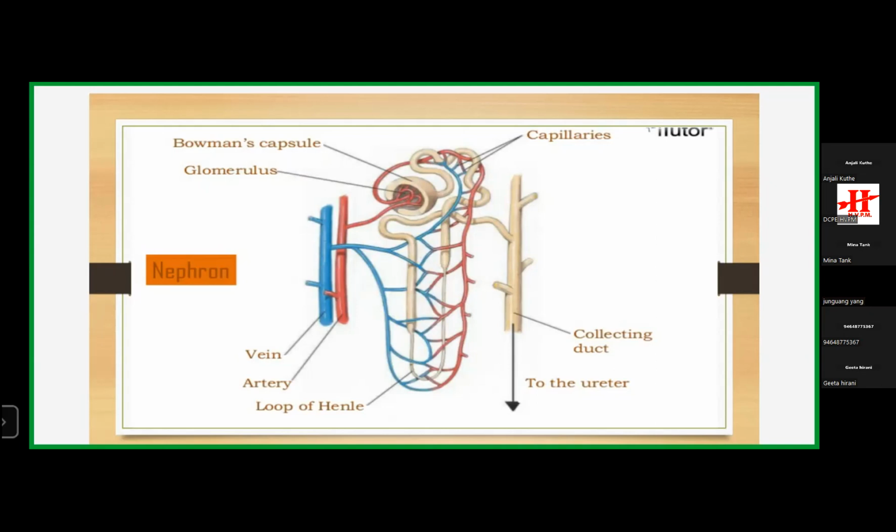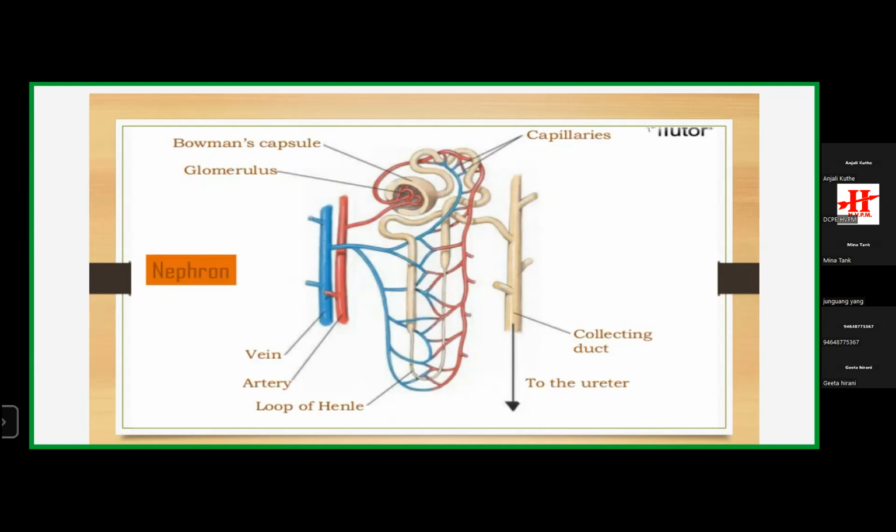So these are the parts of the nephron: Bowman's capsule, glomerulus, various tubules like the first convoluted tubule, or proximal convoluted tubule, the distal convoluted tubule, PCT, DCT, loop of Henle, and last is the collecting duct.